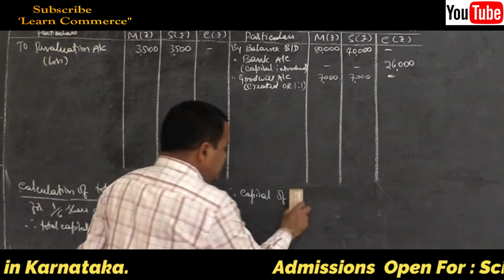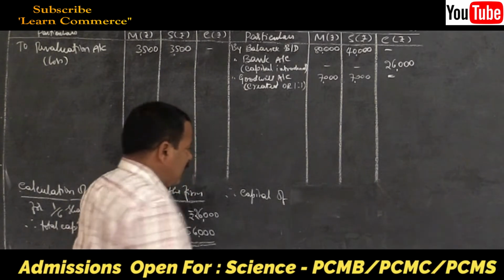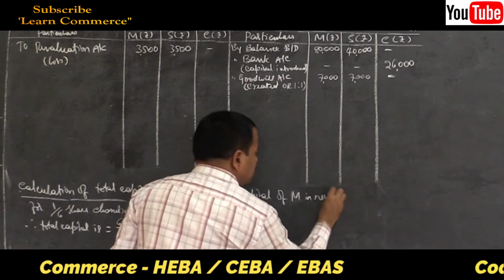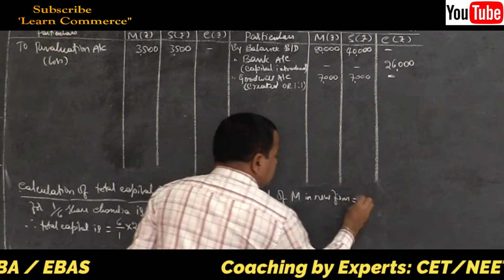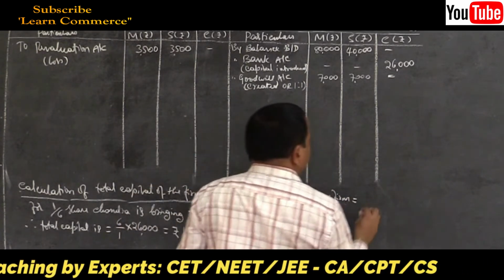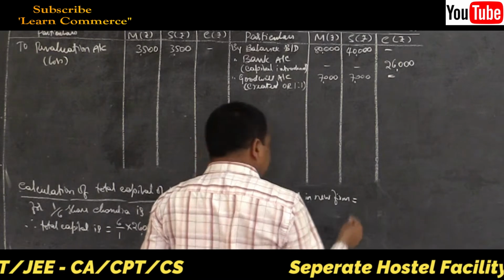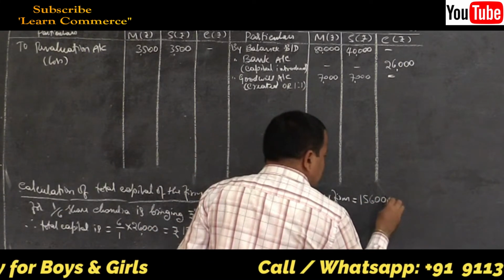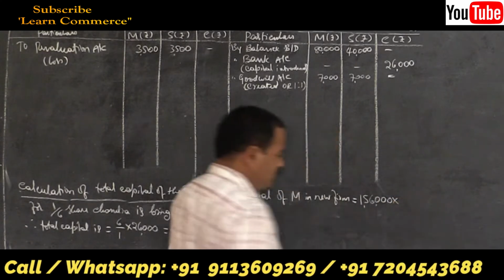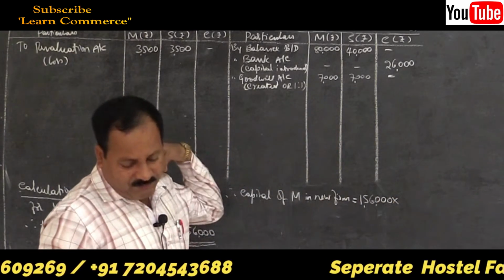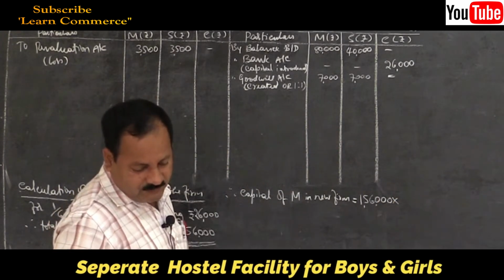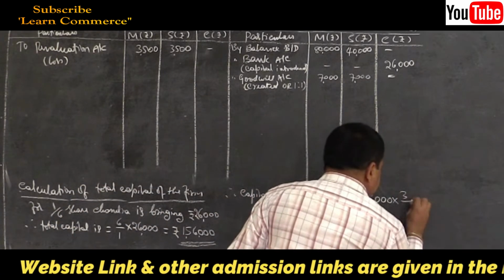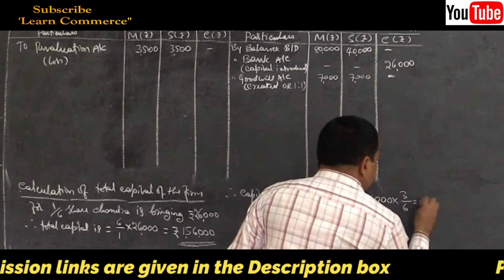First partner is Mahendra. Capital of Mahendra in new firm is equal to how much? 1,56,000 into new ratio how much? 3:2:1, right? So 3:2:1 means 3 by 6. 3 by 6 is equal to rupees.